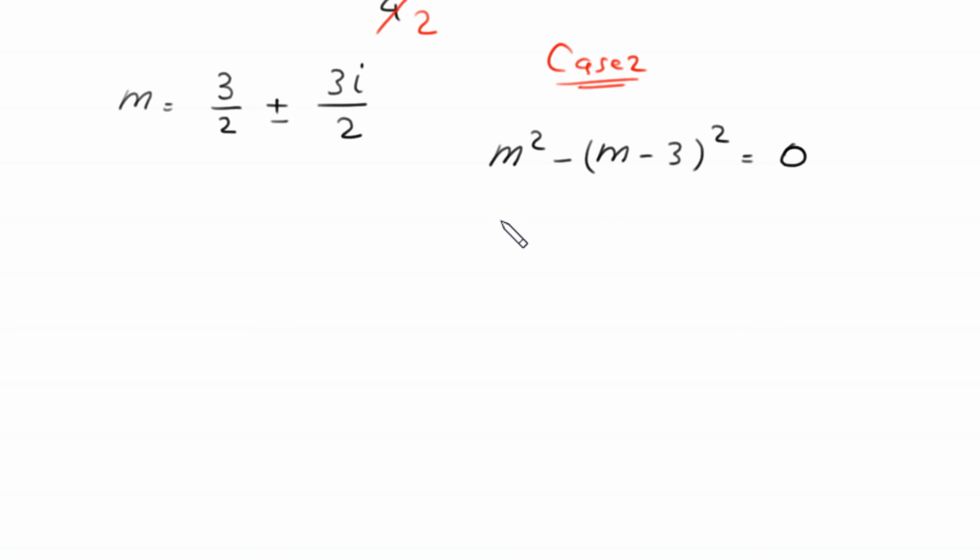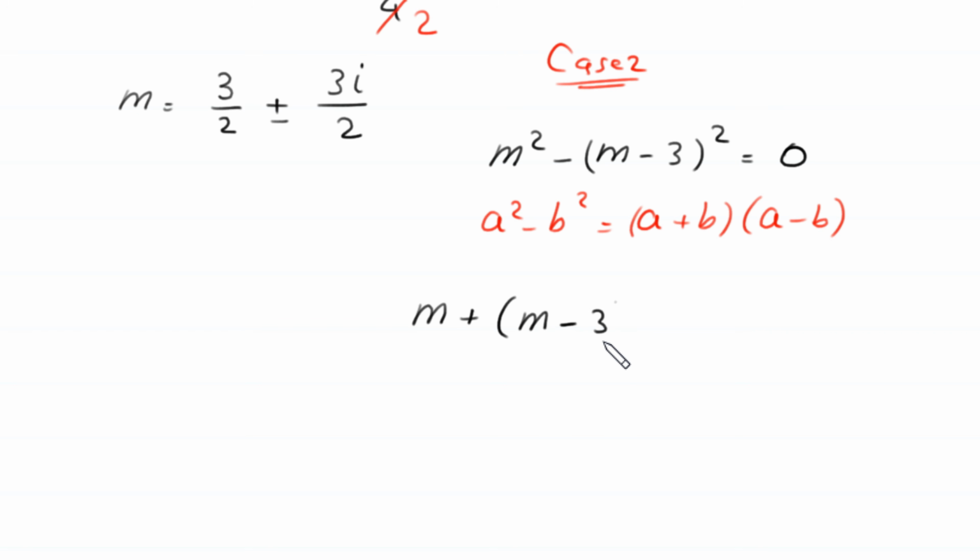By using this algebraic identity, a squared minus b squared is equal to (a + b) times (a - b), this m^2 - (m - 3)^2 will become (m + m - 3) times (m - m + 3) is equal to 0.